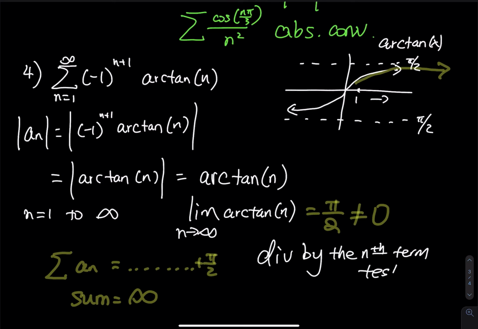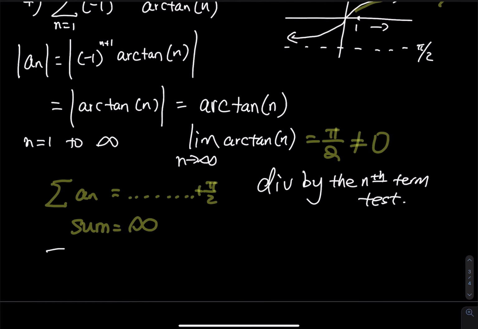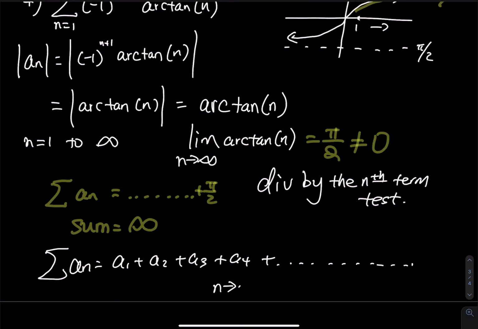What is the nth term test? The nth term test is right here. You have the sum of a_n, which is a1 plus a2 plus a3 plus a4, and then you keep on going. As n approaches infinity, you are looking at the last couple of terms. They are values close to pi over 2 and not equal to 0.